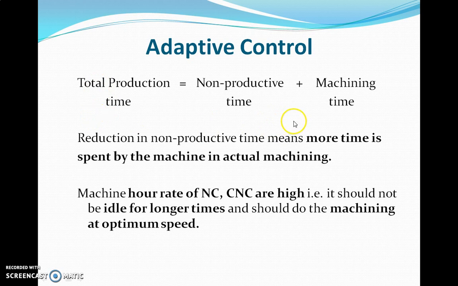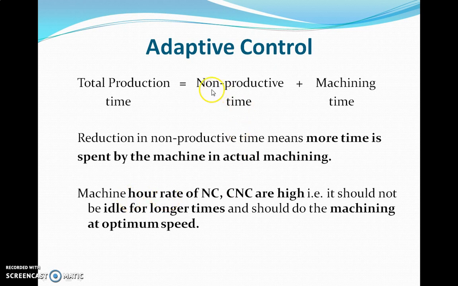So basically, as you know, NC and CNC machines, which are used for machining fast as compared to conventional machines, have a very high hour rate. That means if I use these machines for my manufacturing, I am making sure that the production rates are very good.